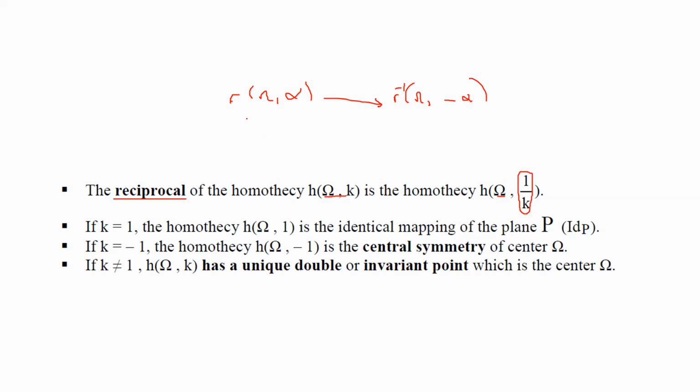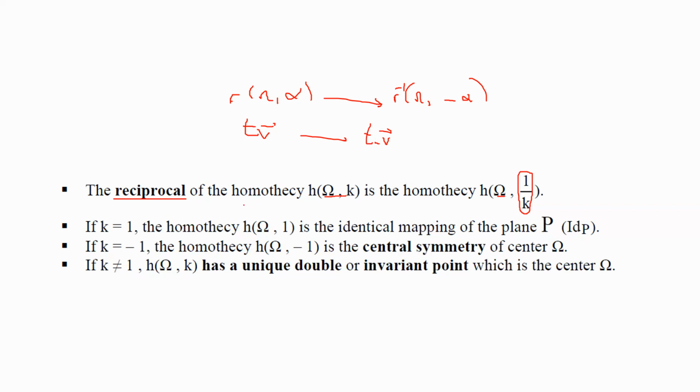With translation, it was vector v, and the inverse was minus v. So the reciprocal of the dilation h omega k is a dilation omega 1 over k.